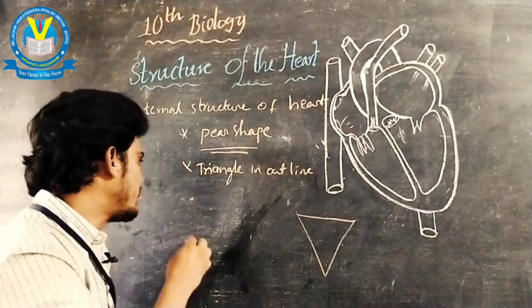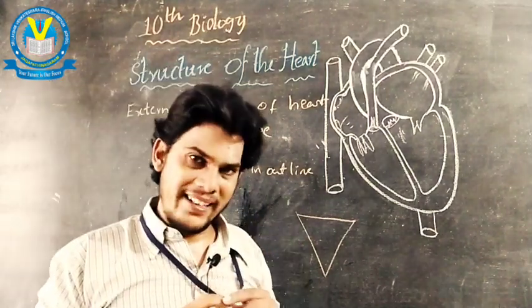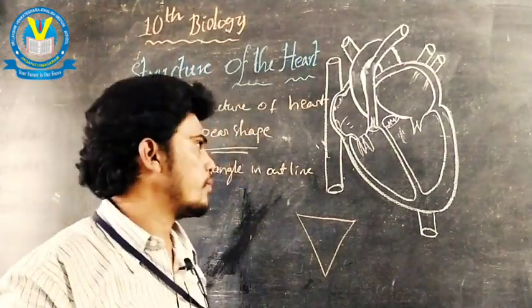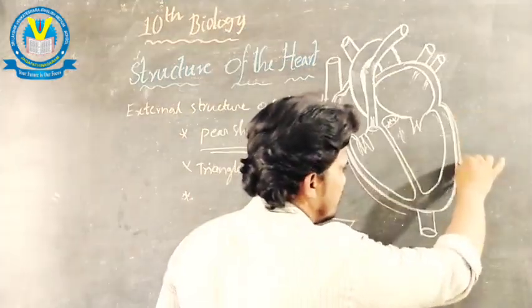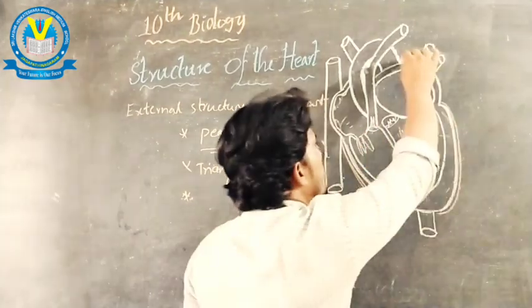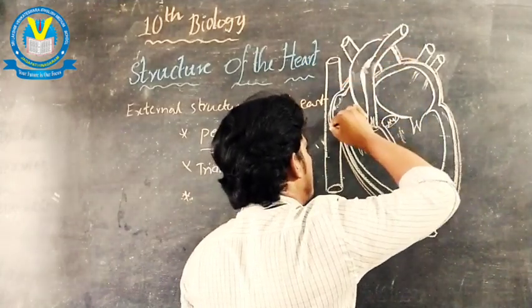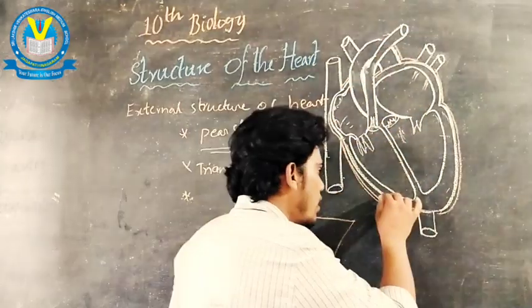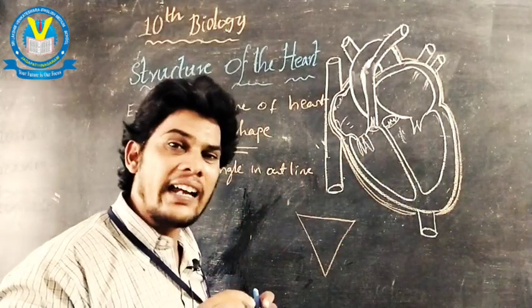Also look here, there are two membranes around the heart. These two membranes are called pericardial membranes.